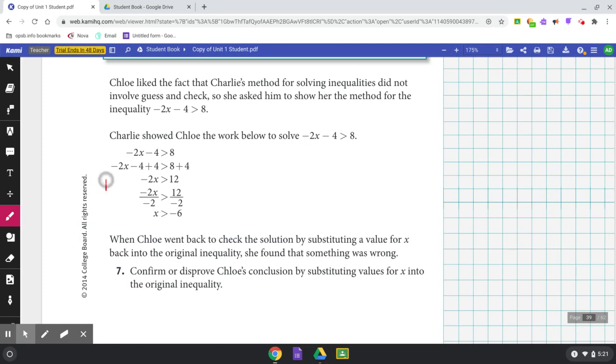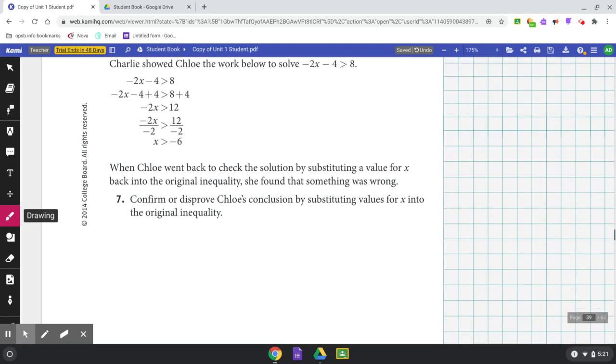But when you substitute in the value of x into the original inequality, you get a false statement. Why is that? So let's pick a number that is greater than negative 6. Miss DeWitt's go-to for any value that is greater than negative 6 is always going to be 0, because if you can substitute in 0 for a variable, it makes your life easier.